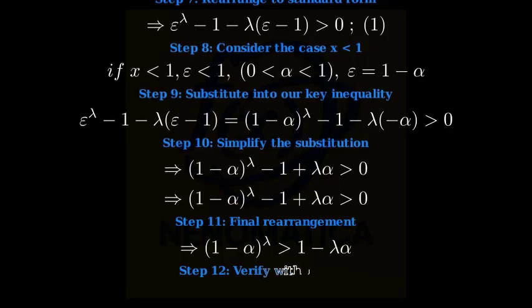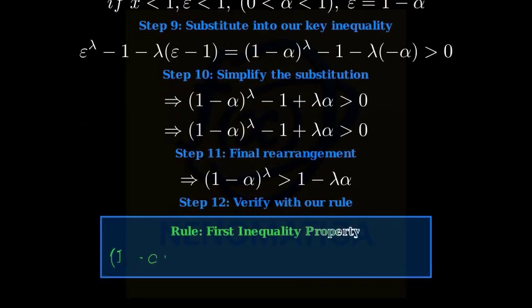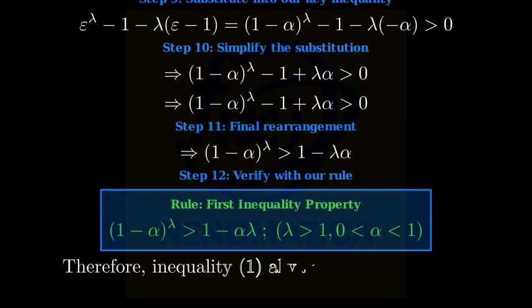Now, we can see that this matches our first inequality property. According to our rule, 1 minus alpha to the power lambda is greater than 1 minus alpha lambda when lambda is greater than 1 and 0 is less than alpha less than 1. Since these are exactly our conditions, inequality 1 always holds when x is less than 1.